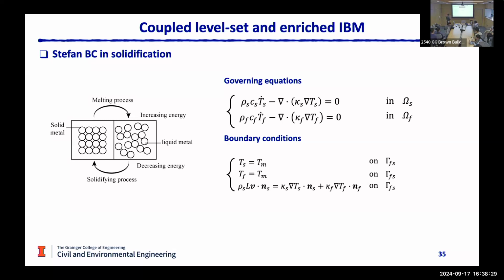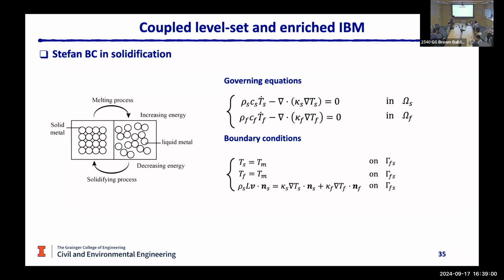And then on the fluid and solid interface, you need to satisfy the following boundary conditions. First, the temperature of the solid and the fluid need to be equal to the melting temperature. And then you need to satisfy the so-called Stefan boundary condition, which tells you that the normal propagation speed of the fluid and solid interface equals the flux jump divided by the solid density and the latent heat of fusion, right? So this is the Stefan boundary condition.